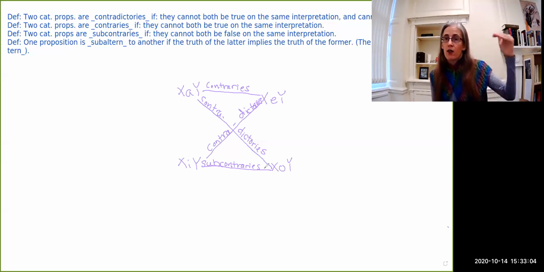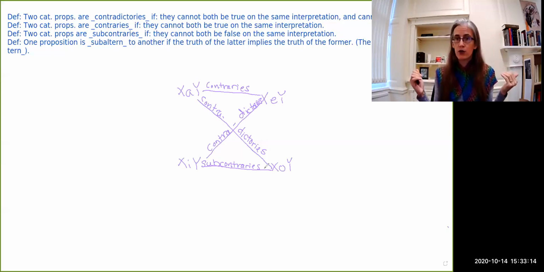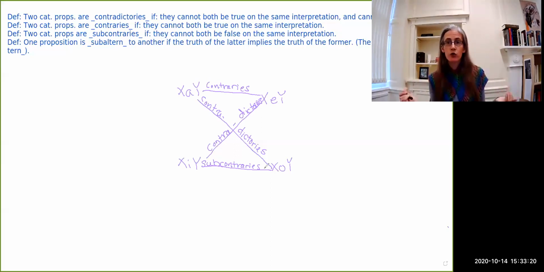So the universal affirmative and the universal negative cannot both be true at the same time, but they could both be false. And this is why the partial affirmative and the partial negative, the I and the O claims, are subcontraries. It's perfectly possible for them to be true on the same interpretation, but they cannot both be false. So it cannot be false that some cat is black, while at the very same time it is false that some cat is not black.